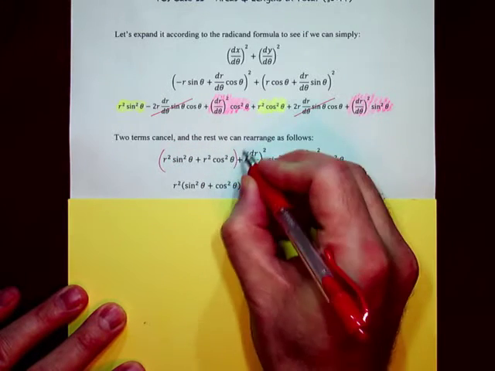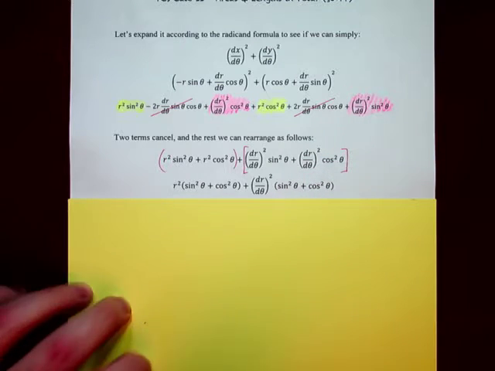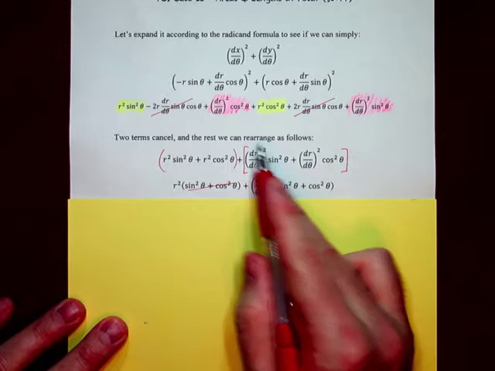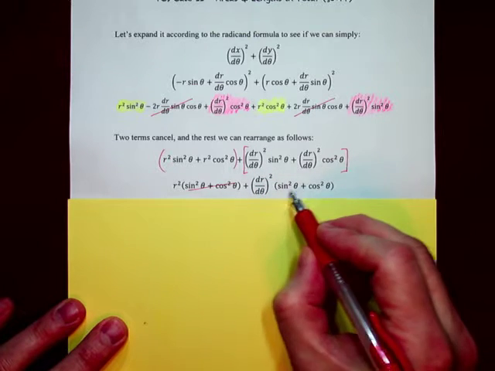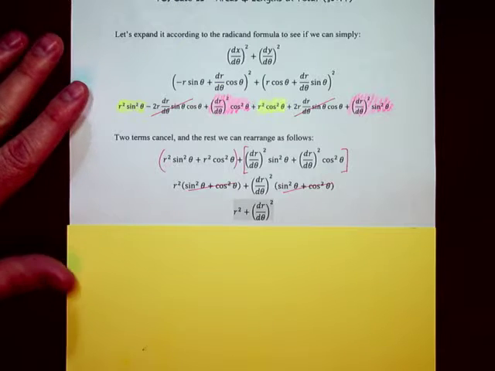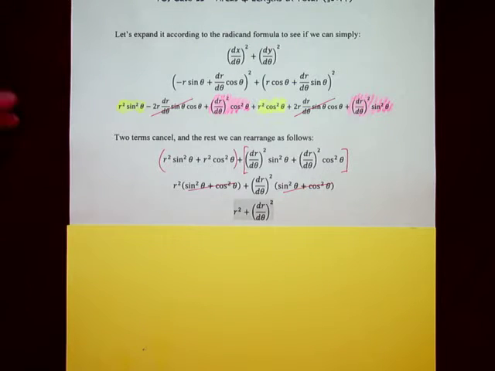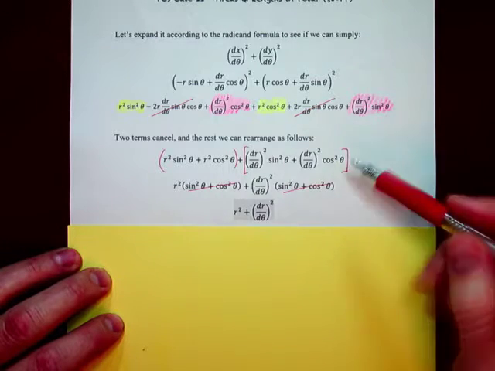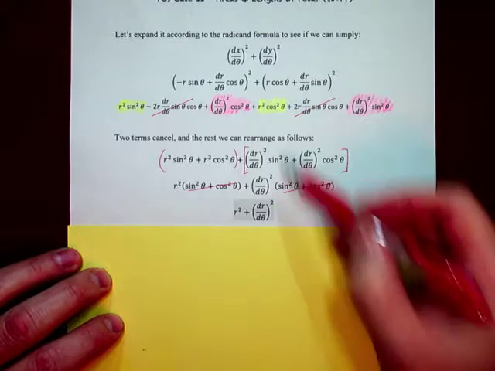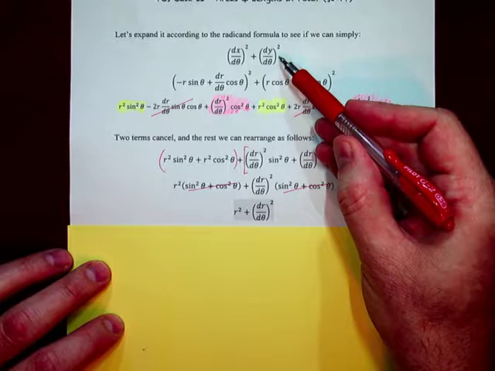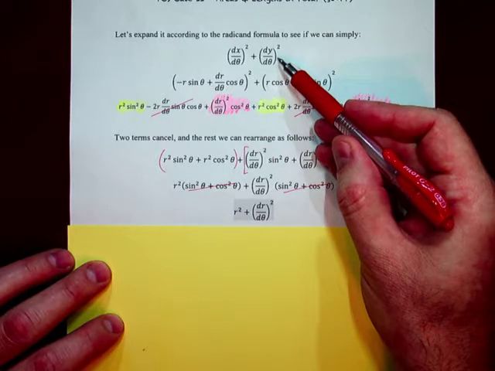Group these 2, group these 2, factor out the r squared, that goes to 1. Factor out the dr d theta squared, that goes to 1. And what I'm left with is r squared plus dr d theta squared. And all of this has been legal, so this is equivalent to that if we're dealing with a polar equation.